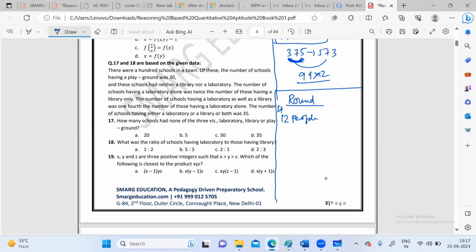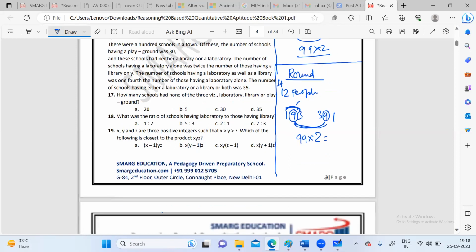Like a three-digit number 193, and the reverse is 391. The difference between these two numbers will be based on the difference of the first and unit digits, because the digit at the tens place will not have any impact on the difference. So the difference would be 99 into the difference of the unit and hundreds digit, which is 2. 99 into 2. Why did it happen?